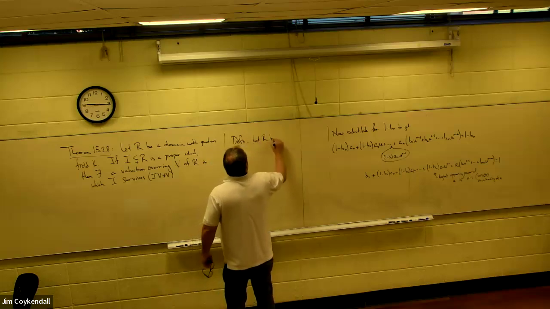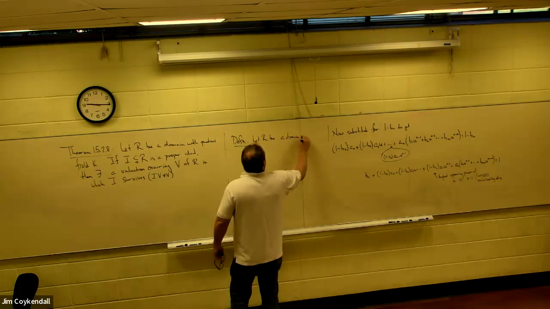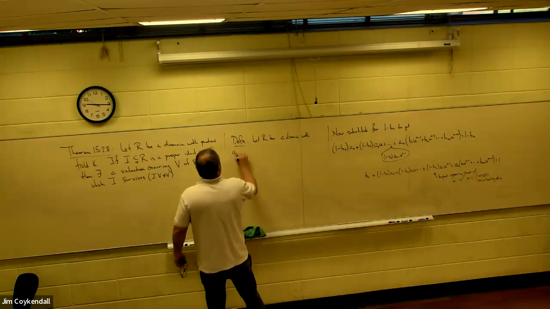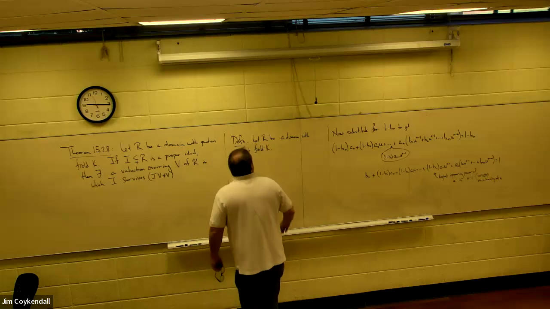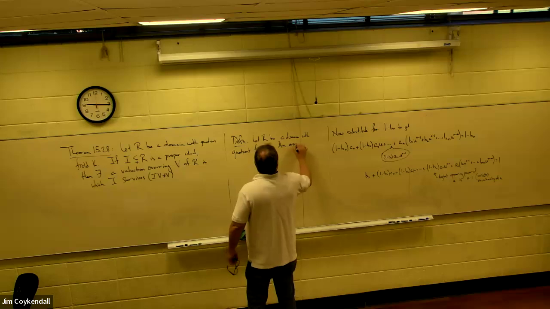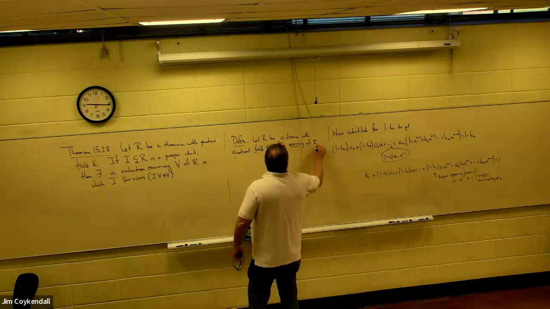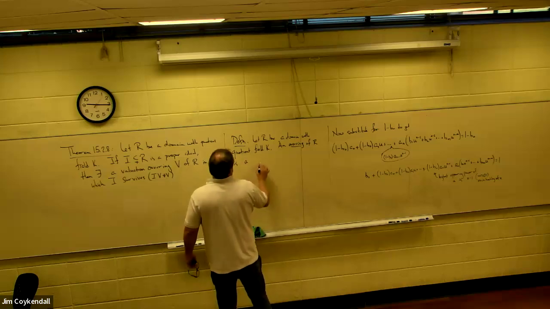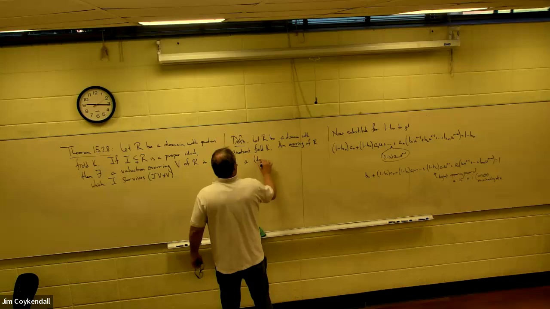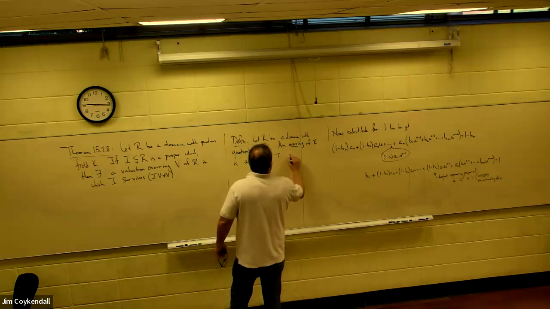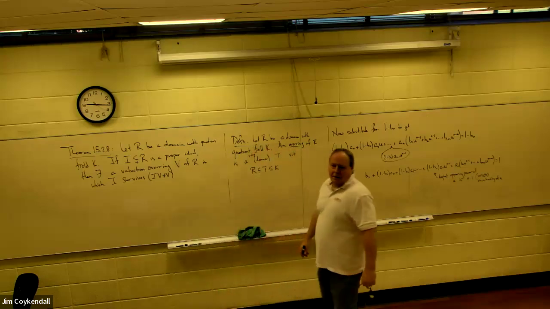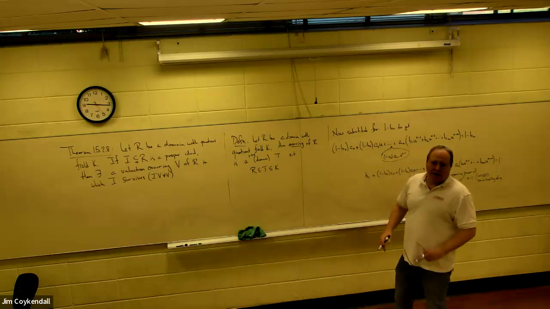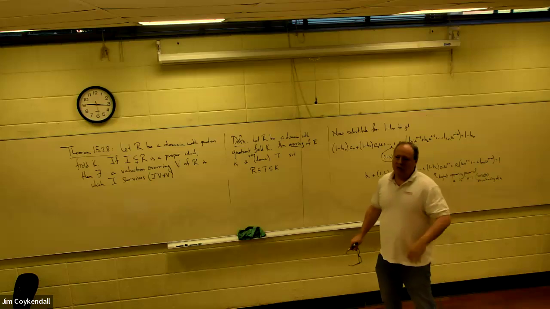Let R be a domain with quotient field K. An overring of R is a domain T such that R is contained in T, which is contained in K. So it's just a domain between R itself and its quotient field.